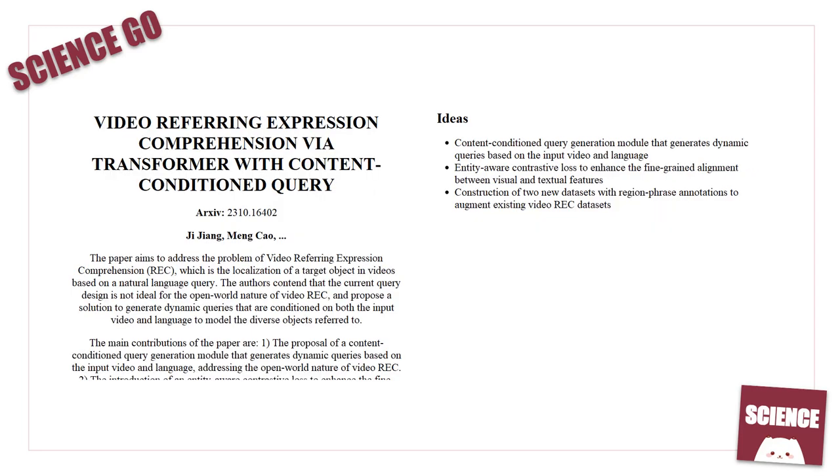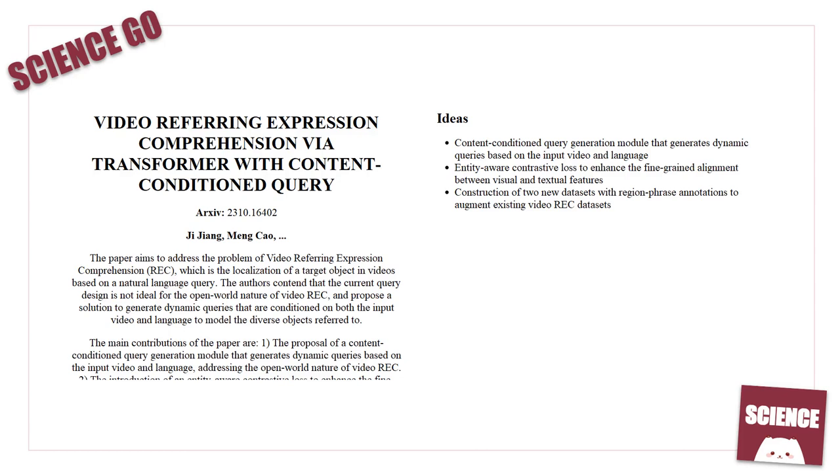The paper video referring expression comprehension via transformer with content conditioned query addresses the problem of understanding natural language queries in videos. The authors argue that the current approach to generating queries for video comprehension is not suitable for the diverse objects referred to in videos. To solve this, they propose a new method that generates dynamic queries based on both the video and the language used.